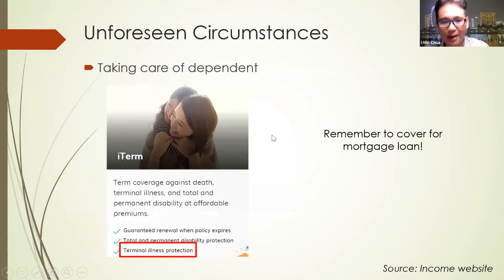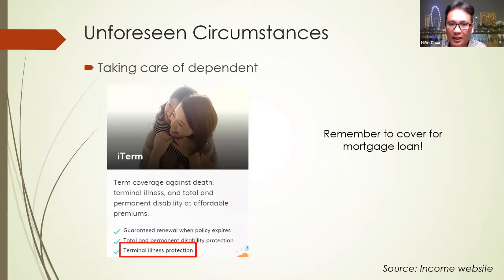Lastly, dependents. Usually we need some other people to take care of our dependents when we are not around anymore. So this is actually good enough. The other one a lot of people forget to pay attention to is the mortgage loan. If you buy an HDB, not an issue. HDB will definitely require you to buy insurance for the loan portion. But if you buy a private property, it's not a requirement to get insurance for the mortgage, and I realized a lot of people didn't buy insurance.